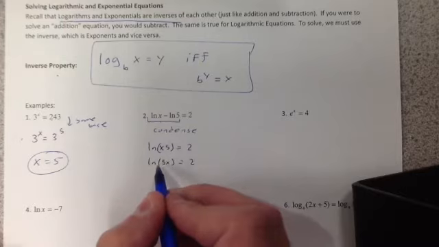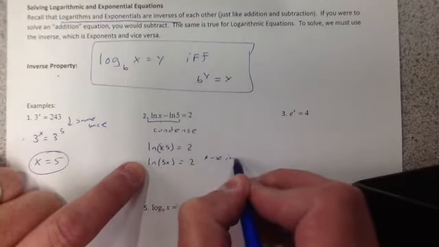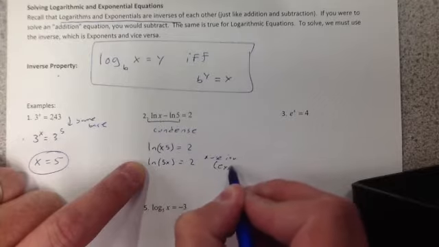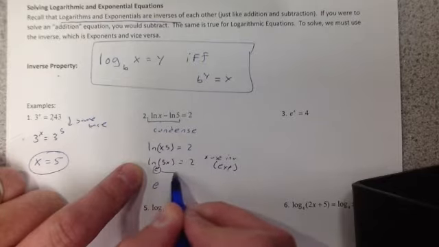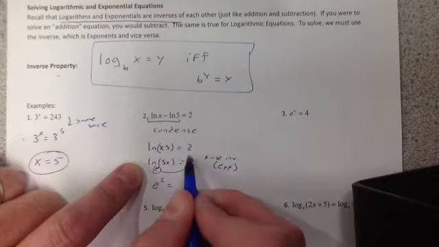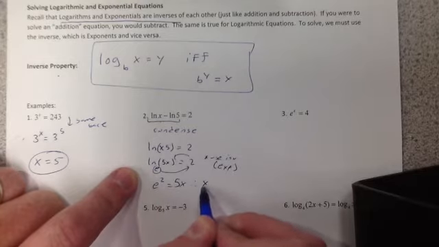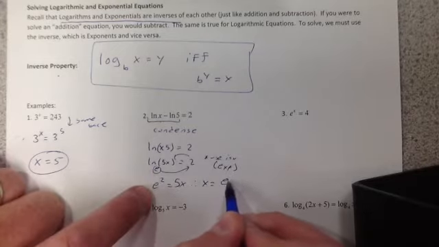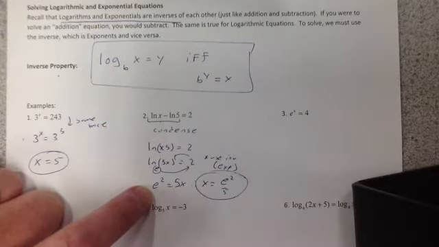So to solve a natural log, I must use my inverse property, in other words, exponents. Remember, natural log is base e. So I take my e, raise it to the second power, and that's going to equal 5x. So therefore, what's x going to equal? e squared over 5. Very easy to do these.